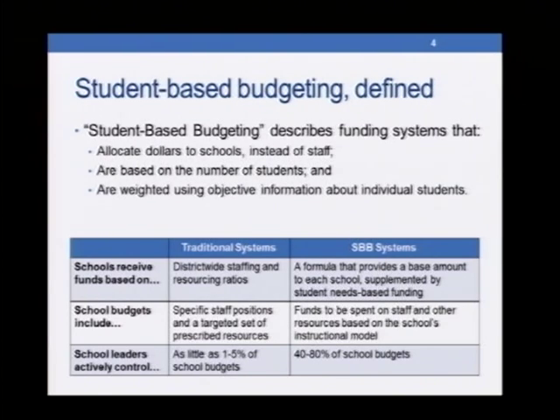SBB shifts that allocation to a formula that provides a base per pupil amount and then is supplemented by extra dollars for students that have different characteristics, that have different needs. Derek will talk a little more about what those characteristics are. The school budgets in a traditional system will include specific positions, but when we often ask principals in traditional systems, so what's your budget?